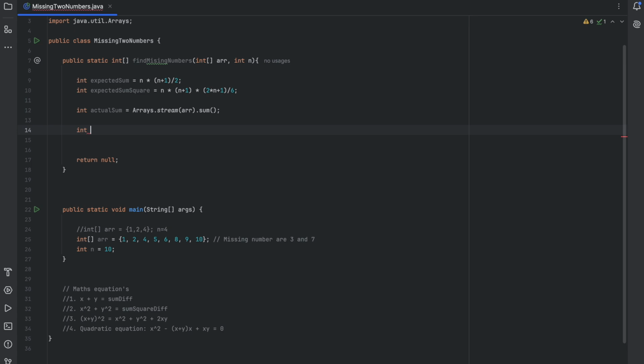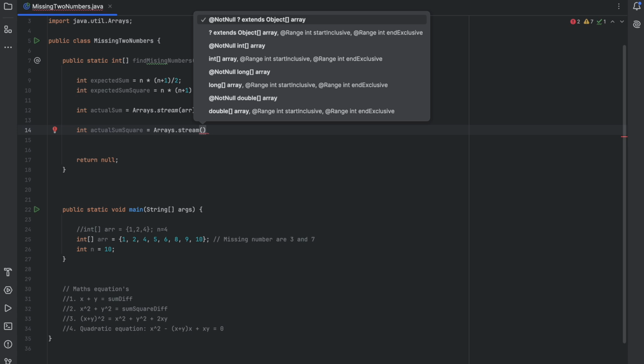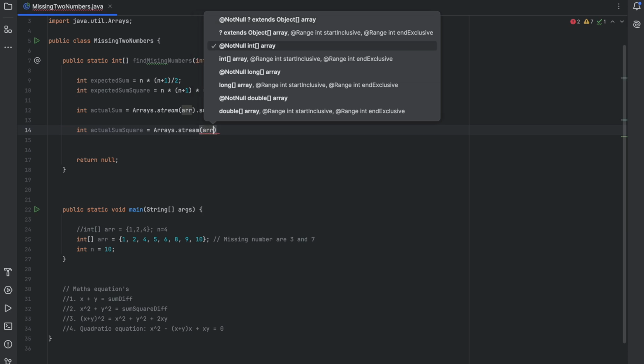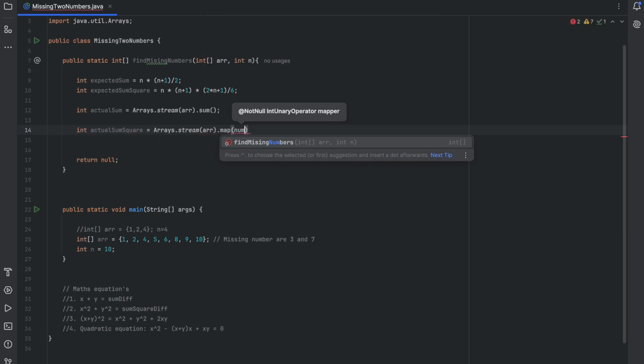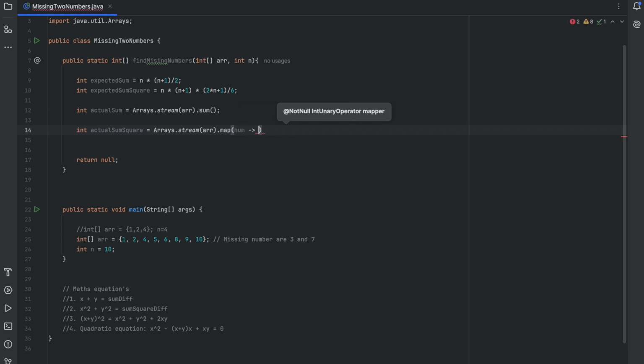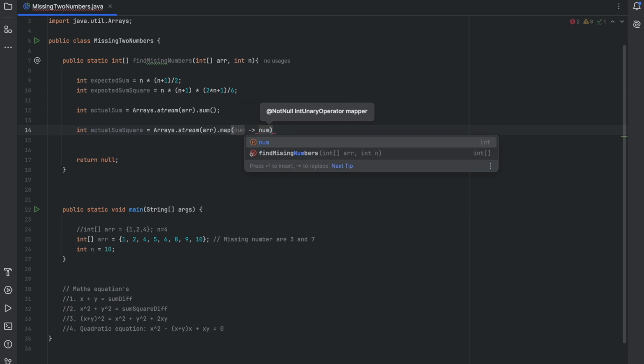Now we are going to calculate the sum of the squares. The actual sum square should be again, we will open our array stream, Arrays.stream(array).map(num -> num multiplied by num), the x square, then again we will sum it.